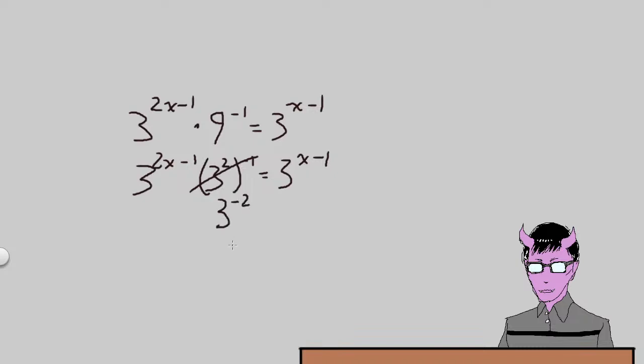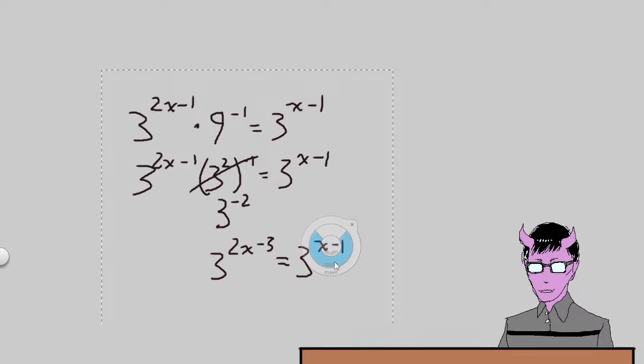I'll rewrite this as 3 to the power of negative 2, but understand that this thing is being multiplied to that thing. So when we multiply that, just summate the exponents again. So it's going to be 2x minus 1 plus negative 2. So in grand total, 2x minus 3. And then that is equal to, copy paste the right-hand side.